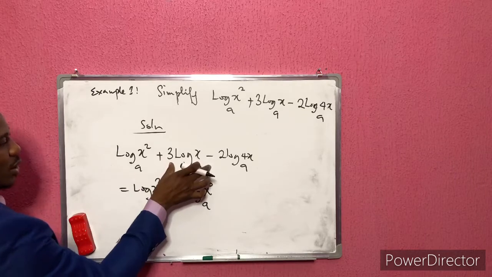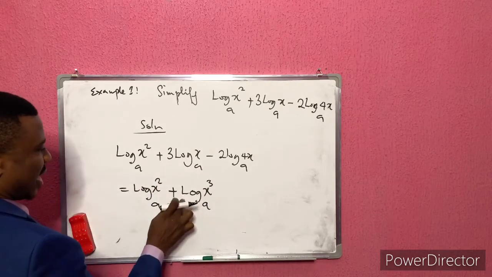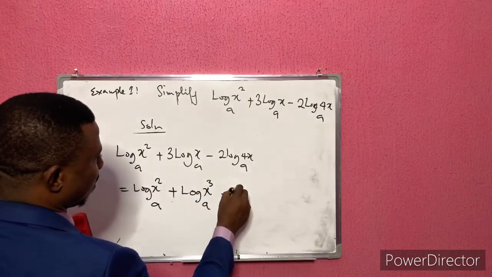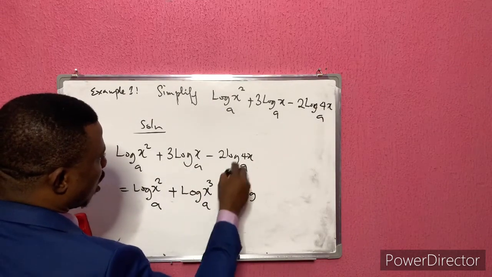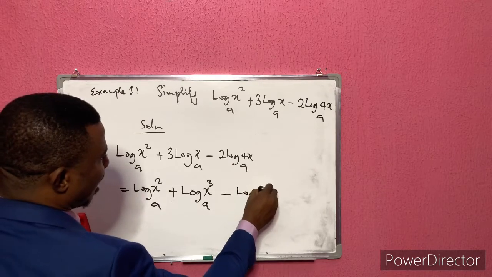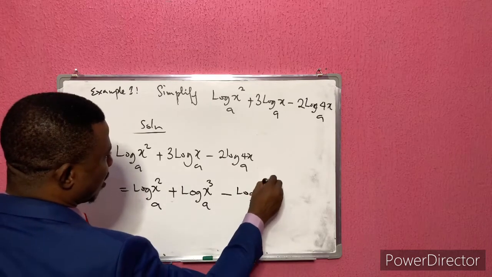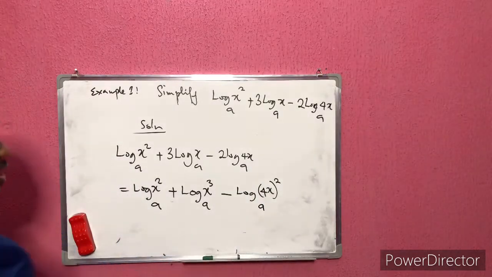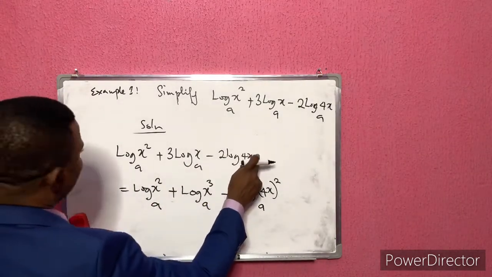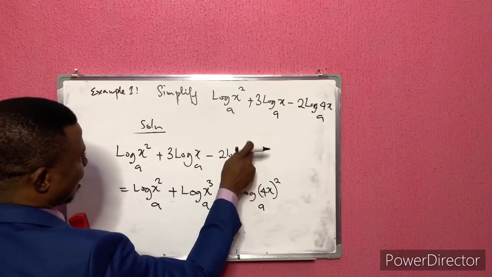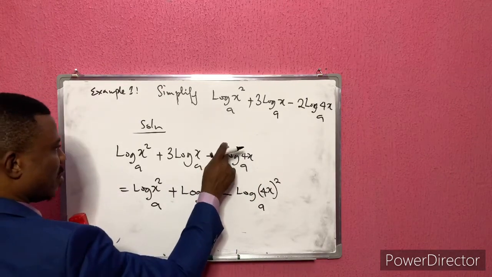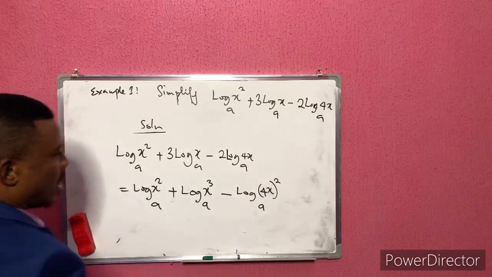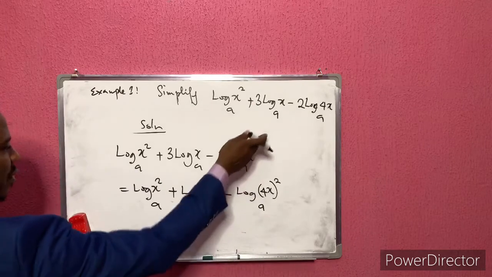Minus these two, which will give you log of 4x raised to the power 2 base a. If you bring 2 to square only x, you are very wrong, because for the 2 to be at this place, it means that this was a power before, because it can come back here to give you this.